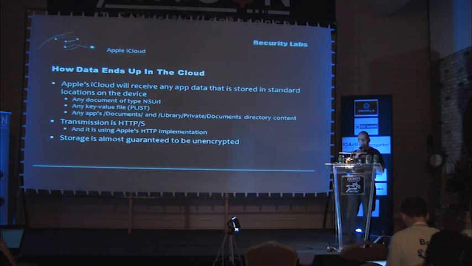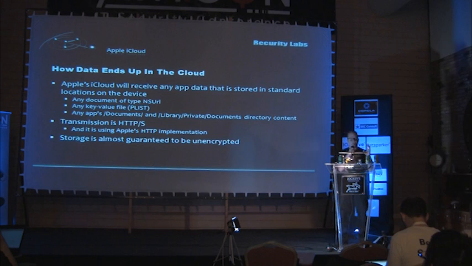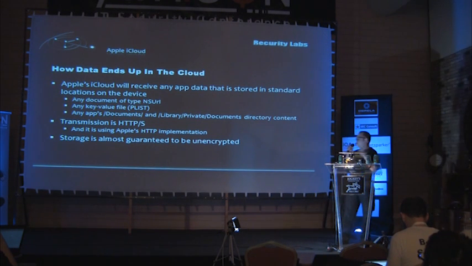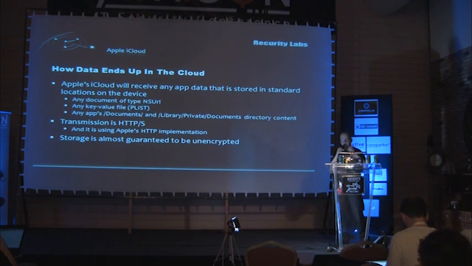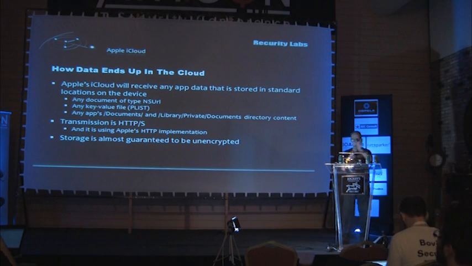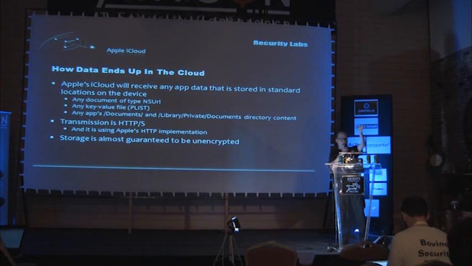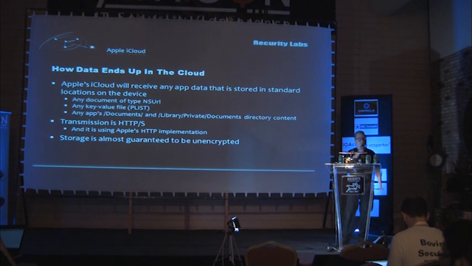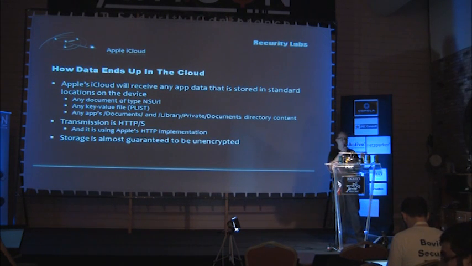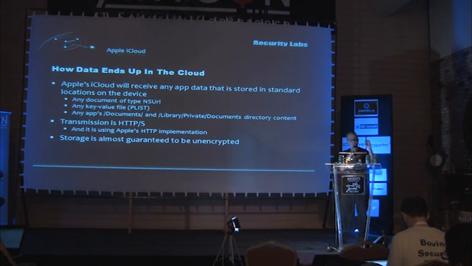So what it does is it takes any document that has a certain data type and its URL, any key value file, or any document in an app subdirectory named documents or library private document, anything in there automatically goes into the cloud. The only thing that can prevent that is, as the app author, you can flag documents as not to be exported into the iCloud, which means you as a user have absolutely zero control over it.